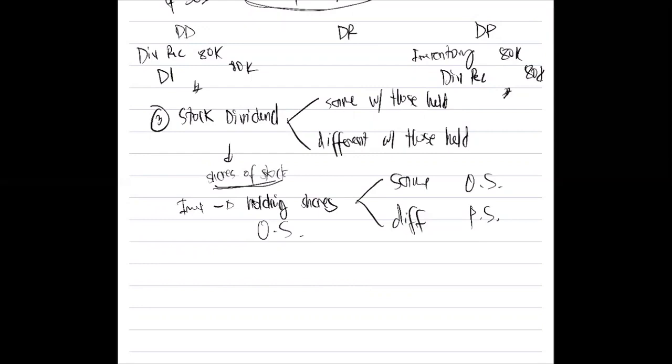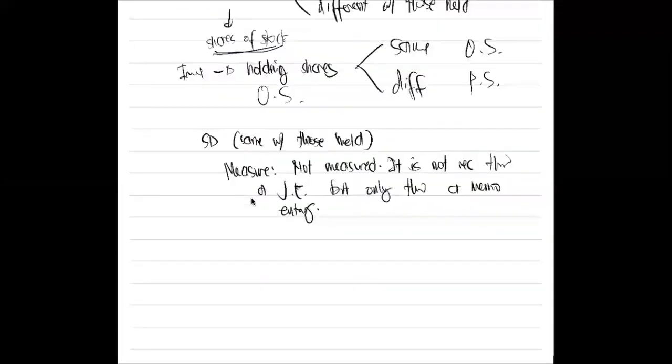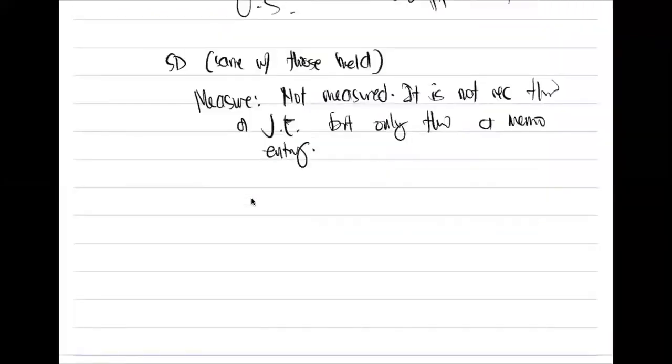Let's start first with the stock dividend, same with those held. How do we measure your stock dividend? The stock dividend here will not be measured, meaning it is not recorded through a journal entry, but only through a memorandum entry.